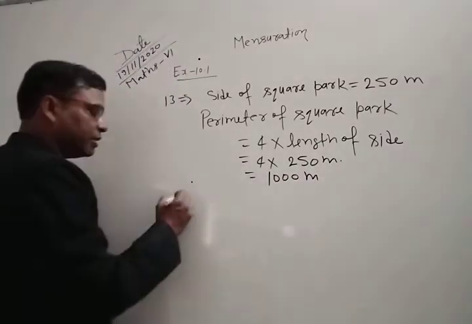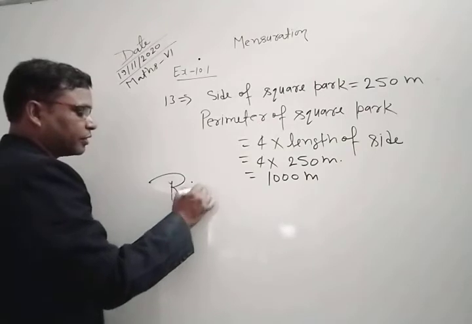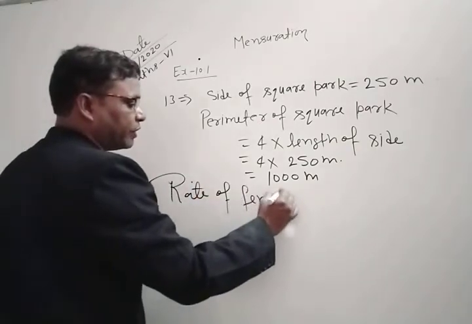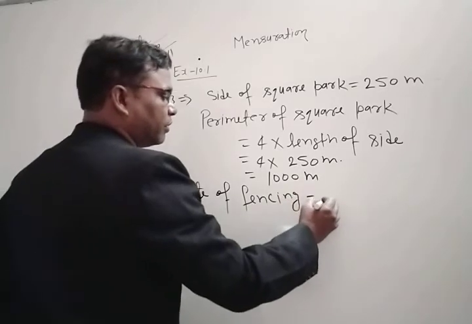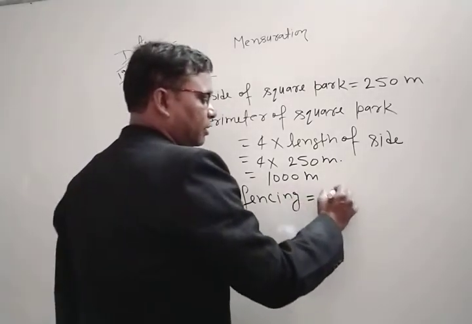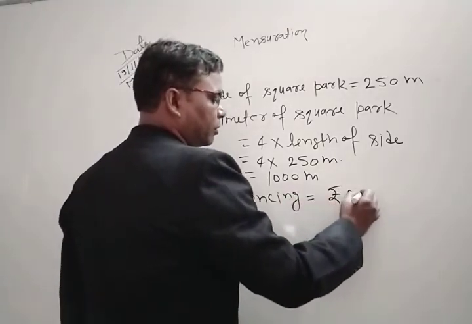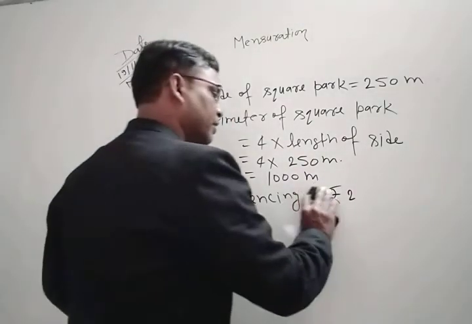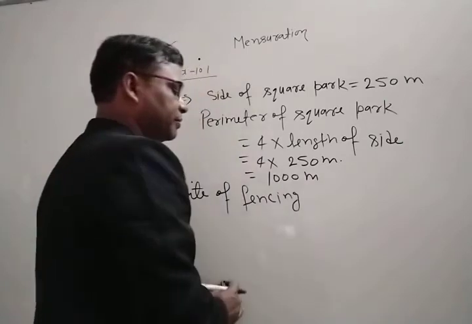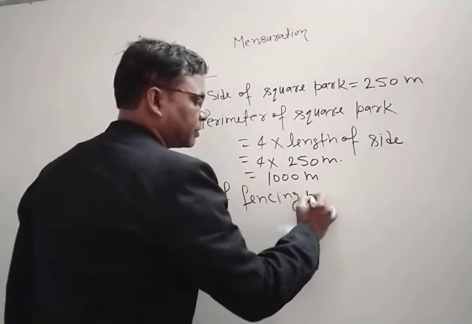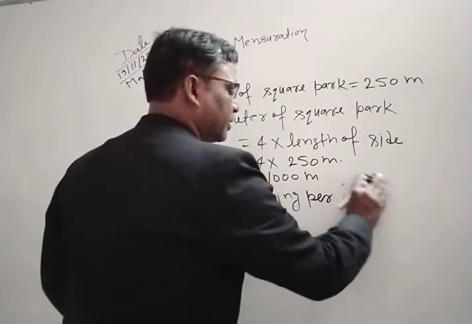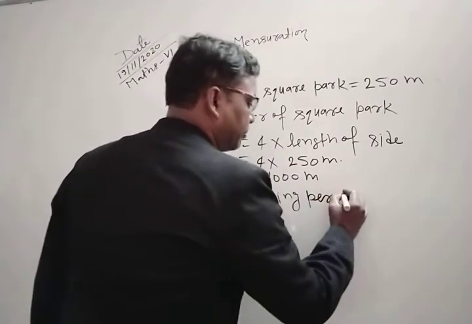Rate of fencing is given here. What is the rate of fencing? You can write the rate of fencing per meter. Okay. Rate of fencing per meter is given here.